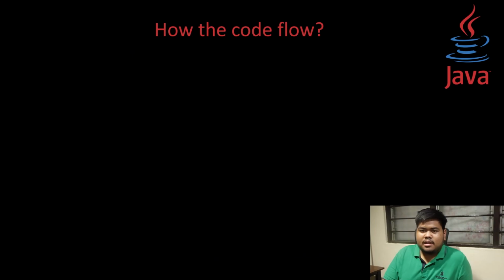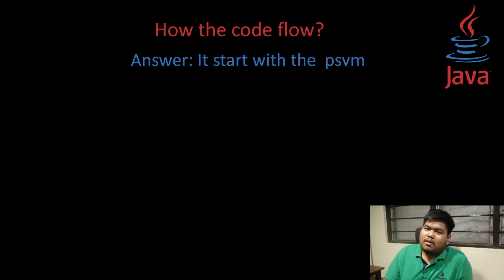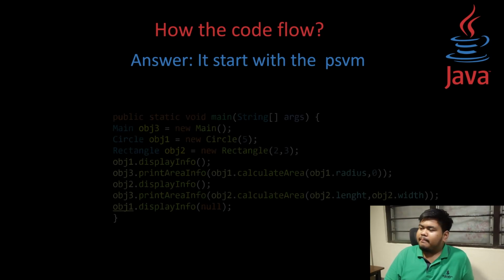So let's get into how the code flows. The code flow is basically how the program, the compiler, will go through each step and how it executes the code. Let's see. So we will start with the PSVM because PSVM is the main method of the program.